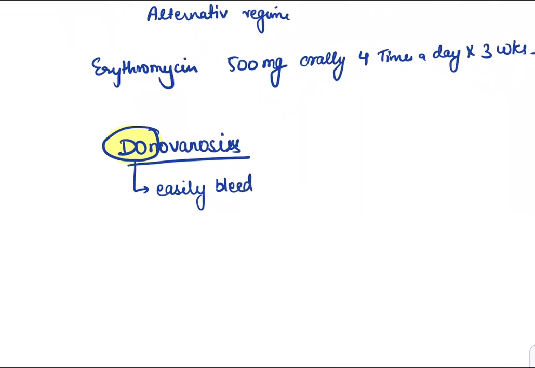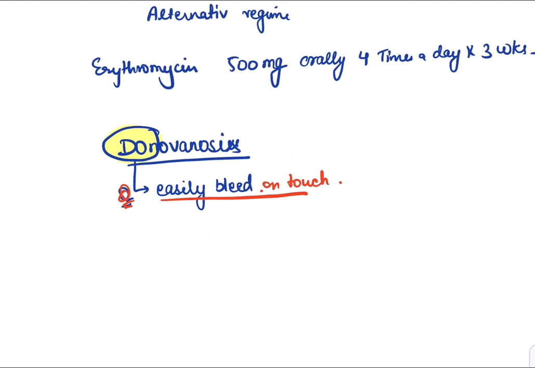In an MCQ, if we see that it easily bleeds on touch, then it is donovanosis. Bleed on touch is the specific line by which we can easily identify donovanosis.